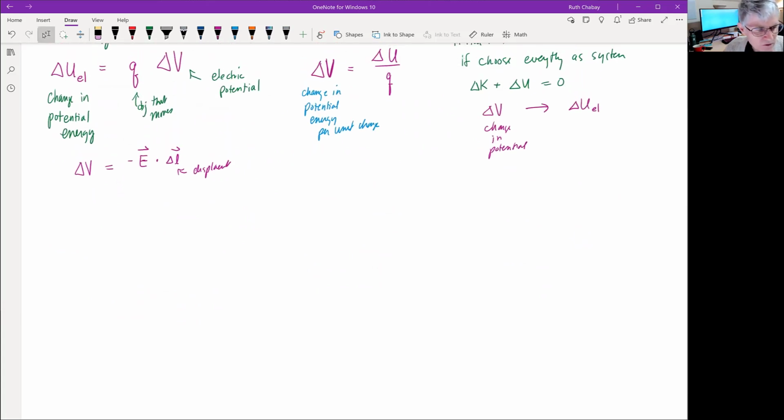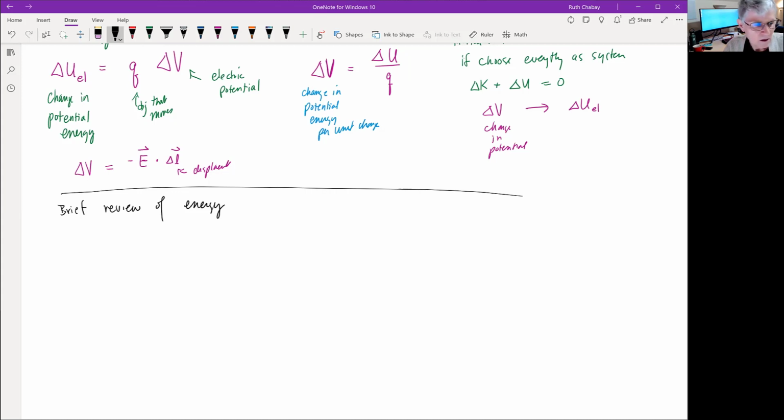Okay, so a brief review of energy concepts. We found that the energy of a single particle had two pieces.